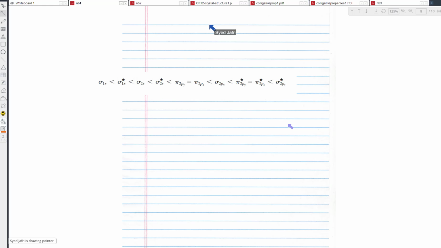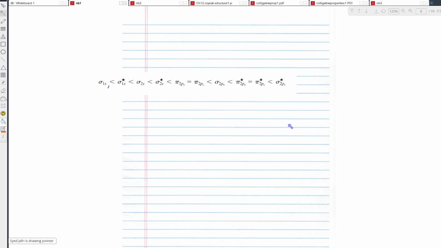Yeah. So you can write like this. For example, you're writing 2 here. You don't need the less-than sign. You can put a comma if you're writing that, because it shows which one has less energy. So you can write sigma 1s2, sigma star 1s2, sigma 2s2, sigma star 2s2, pi 2py equal to pi 2pz.